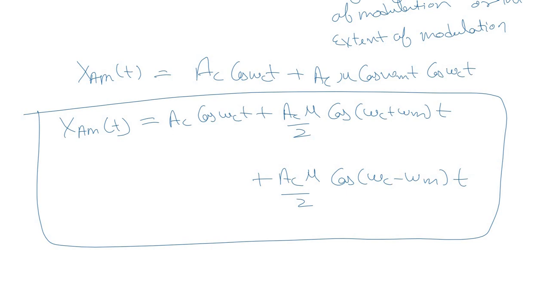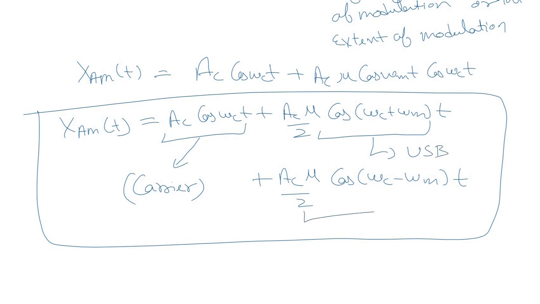Now let us identify the different components that are present in this expression. What is this AC cos omega_c t? This is nothing but your carrier. Alright. And this term AC mu by 2 into cos of (omega_c plus omega_m) t, this is your upper sideband, USB. And this is your lower sideband. Alright.